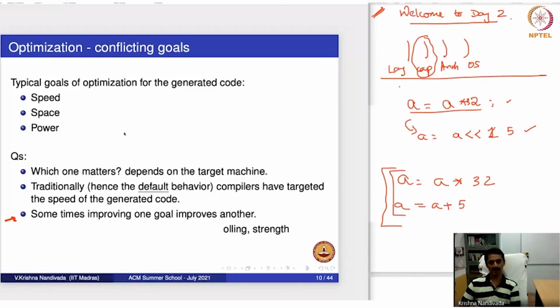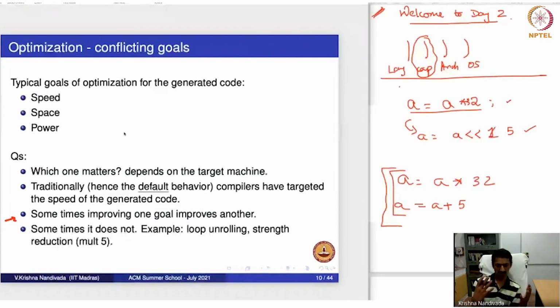Sometimes improving the speed can improve the size of the code as well. Sometimes improving the speed will not decrease the code size, but instead increase the code size. I mean, here is an interesting example.